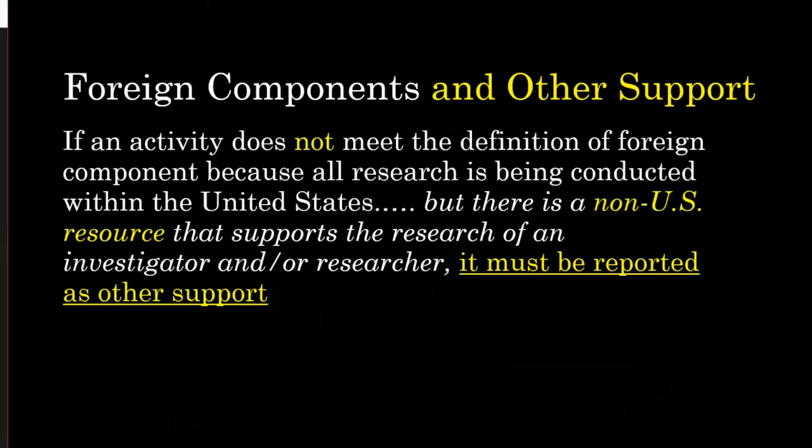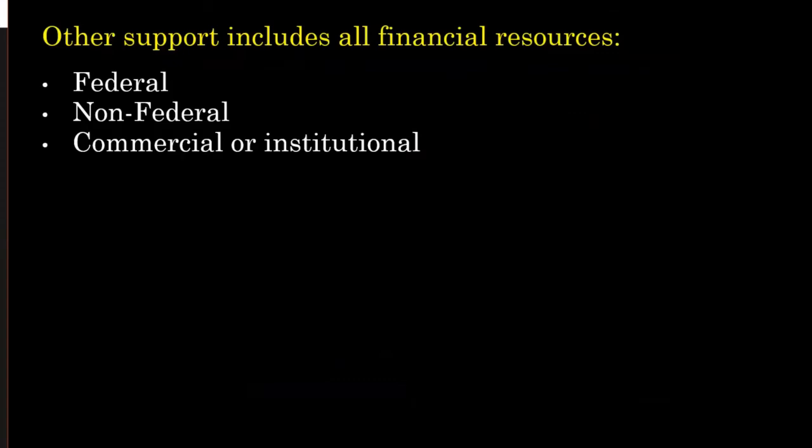If an activity does not meet the definition of a foreign component, because all research is being conducted within the US, but there is a non-US resource that supports the research of an investigator or researcher, it must be reported on the other support. This includes lab service agreements, and I'll get into all of that.